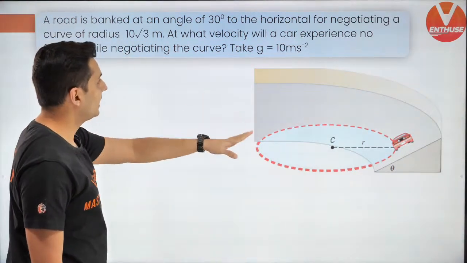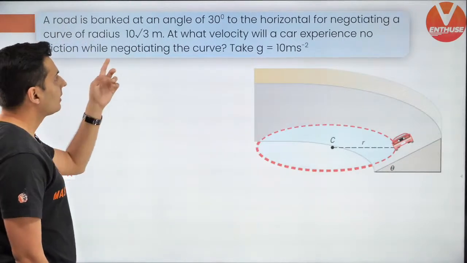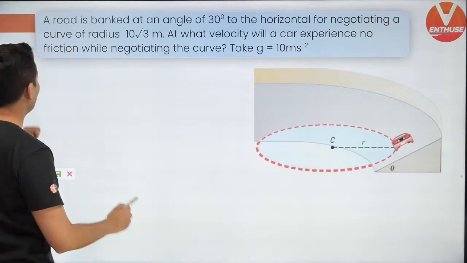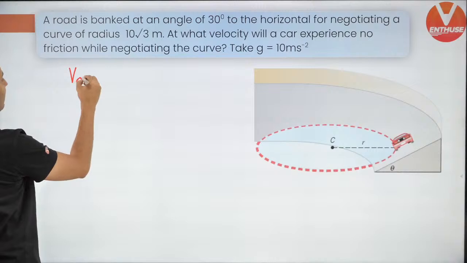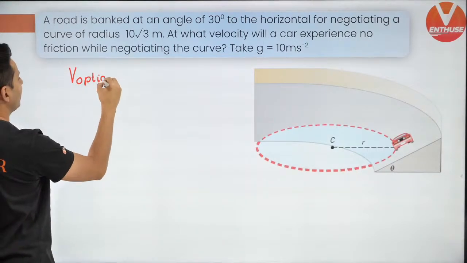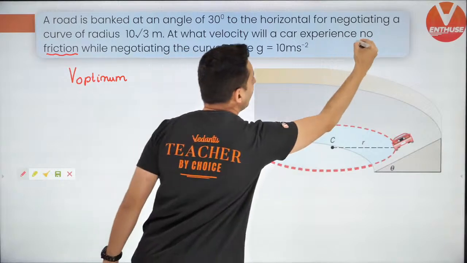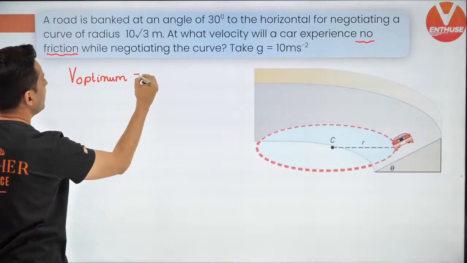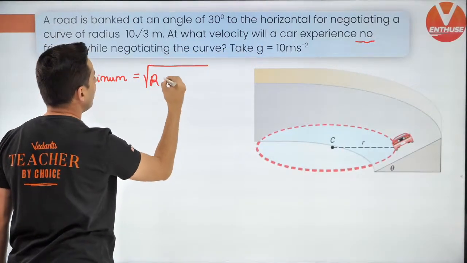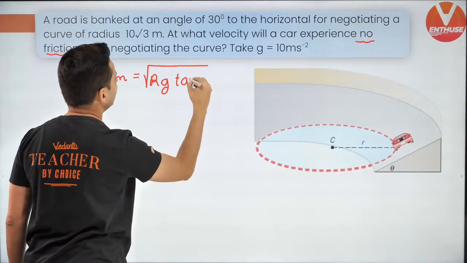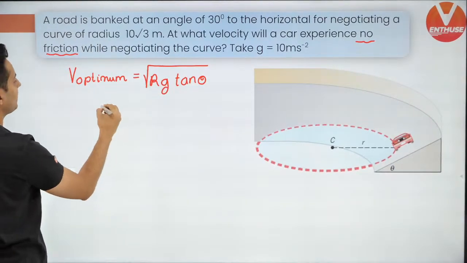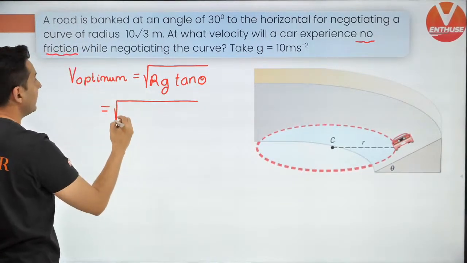The road is banked at so-and-so angle, and the car is experiencing no friction. That means the car is traveling at the optimum speed. Remember, at optimum speed there will be no friction, and the value of optimum speed is root of r g tan theta. Let's calculate.